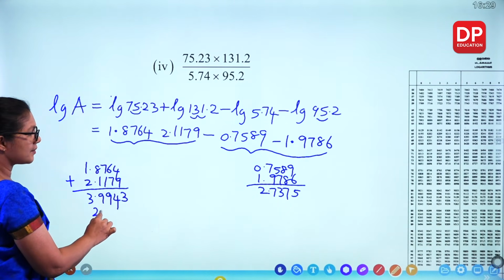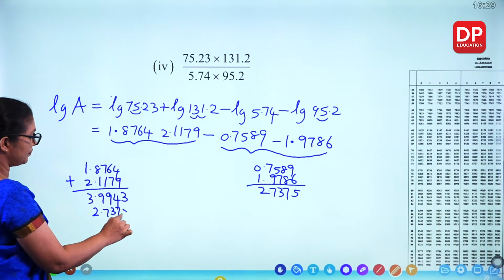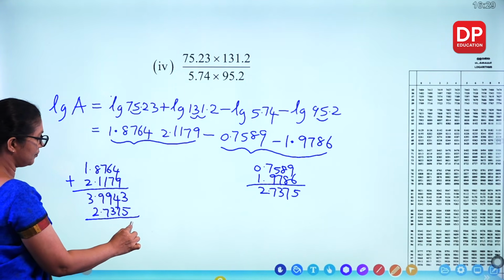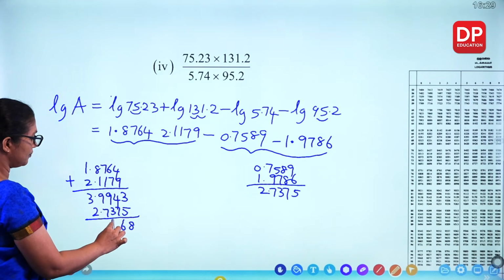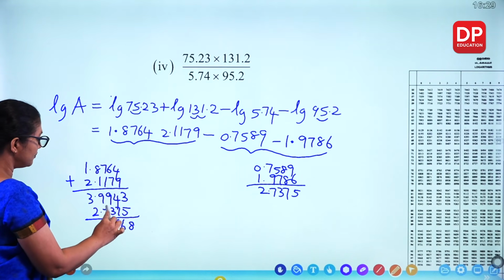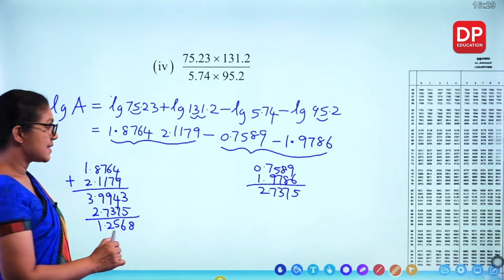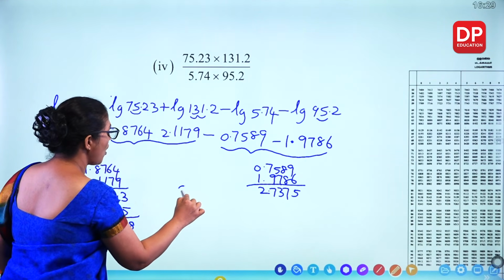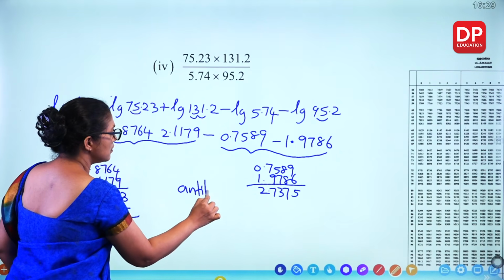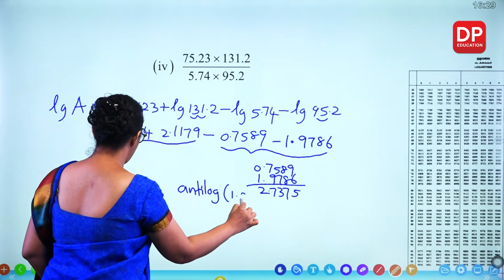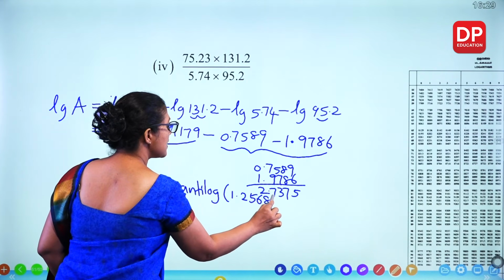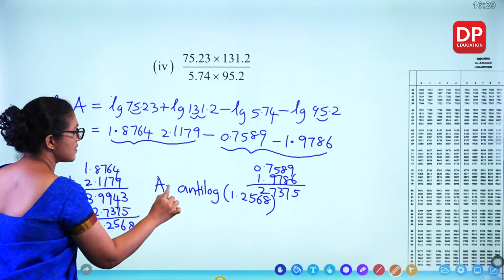Now subtract. 1.2568. Now take antilog of 1.2568 to get the answer.